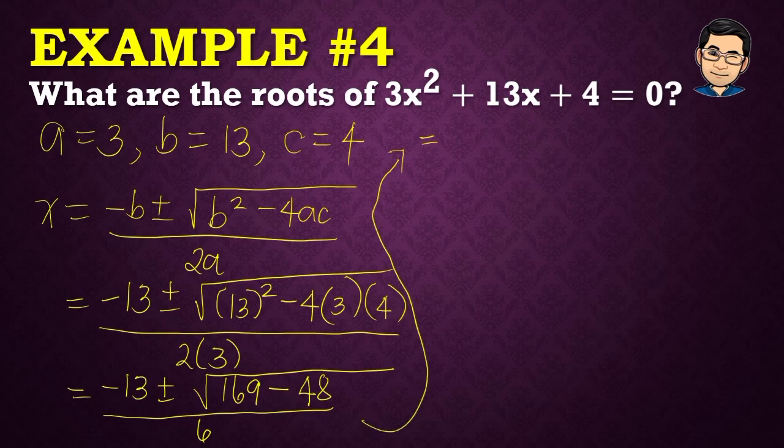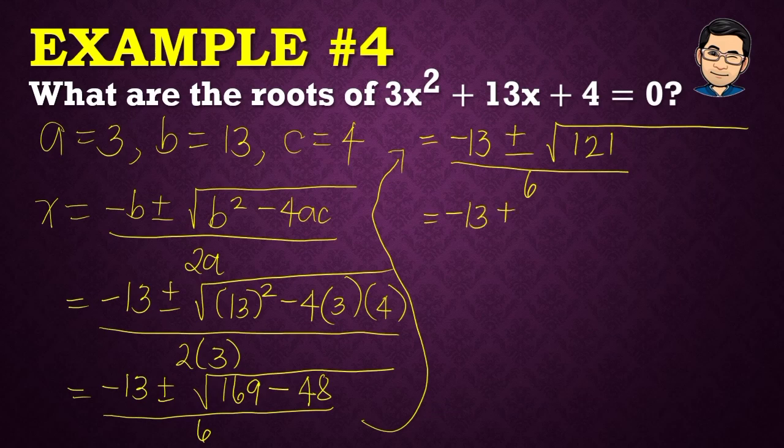Negative 13 plus minus, what is the difference between 169 and 48? That is 121. So, pasensya na kayo sa radical symbol ko kung napahaba siya. So, and then all over 6. Next, negative 13 plus minus the square root of 121 is 11. So, check nyo man, 11 times 11, that is 121.